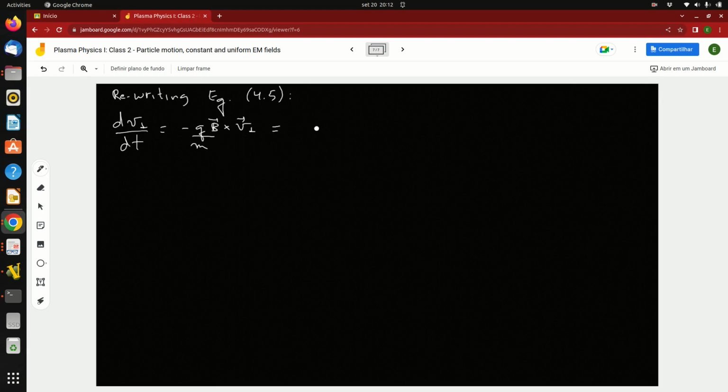And I will introduce this notation. I'll call minus QB over m, I'll say that it is omega C, the vector, cross v perp.